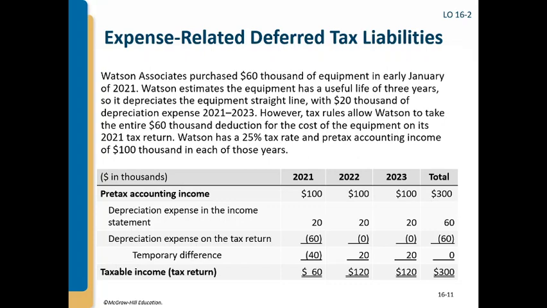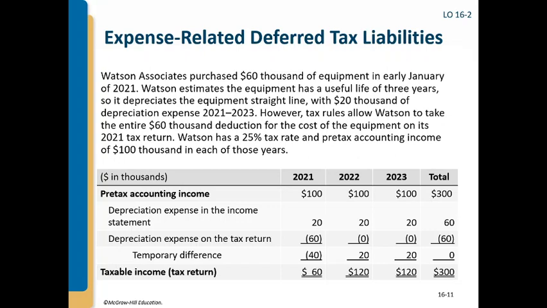Here you see the temporary timing differences of the $40,000 difference. They're immediately deducting the $60,000. Under financial accounting purposes, they deducted 20 of that in year 1. So there's a temporary difference of 40,000 in expenses.